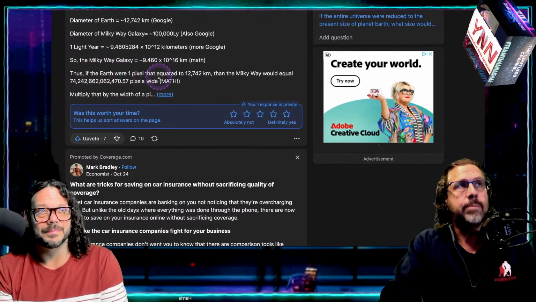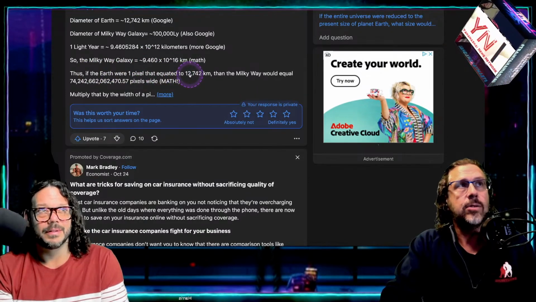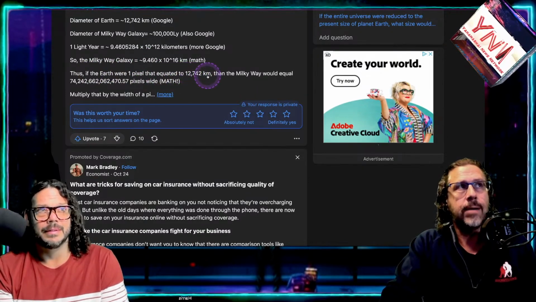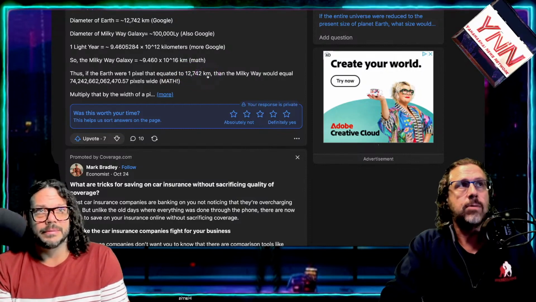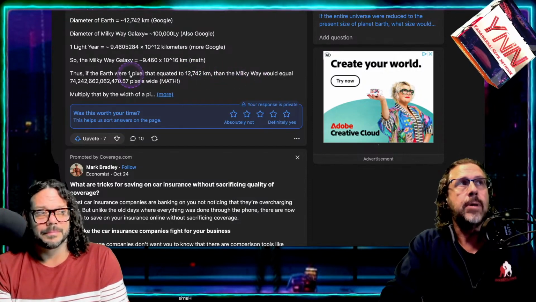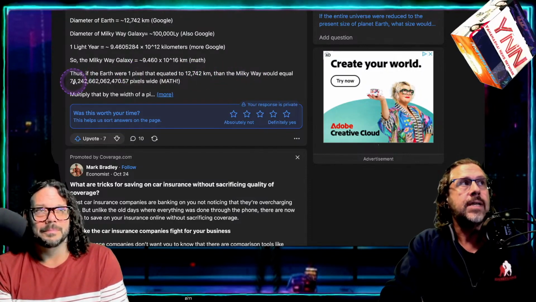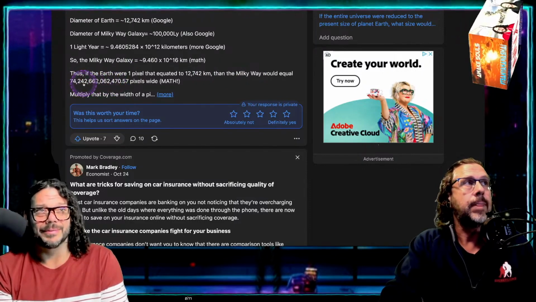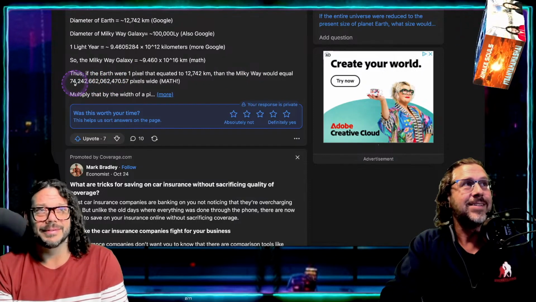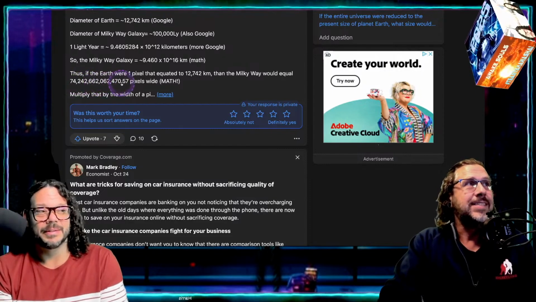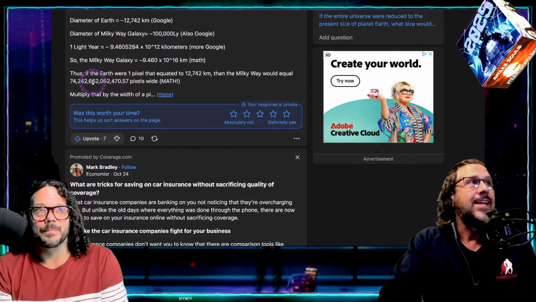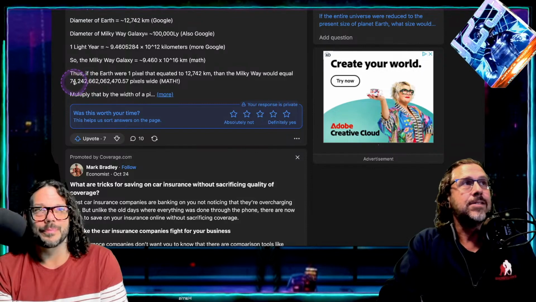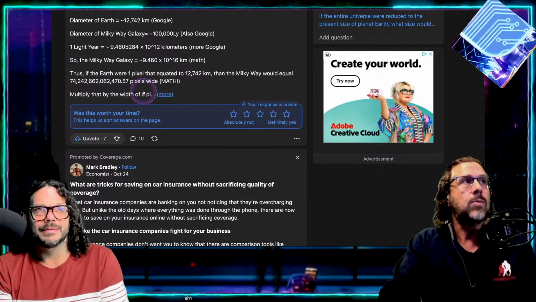Thus, if Earth were 1 pixel, that equated to 12,742 kilometers. So 1 pixel is representing Earth, then the Milky Way would equal 74... what is that? Quintillion? Where are we at? Sextillion? Yeah, it's quad. So this is 74 trillion pixels wide.